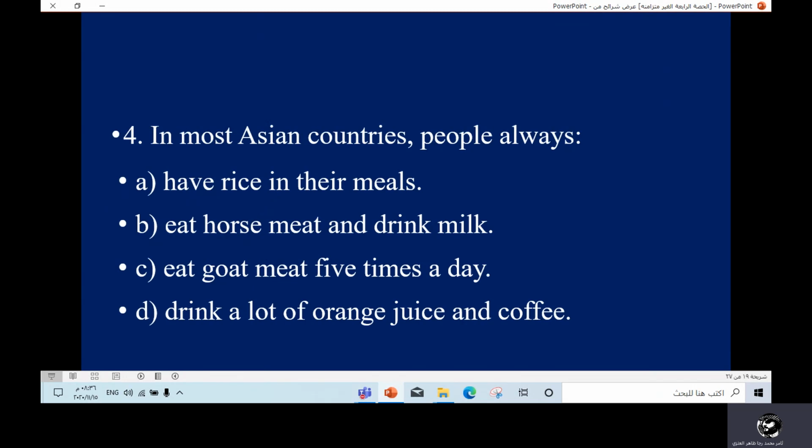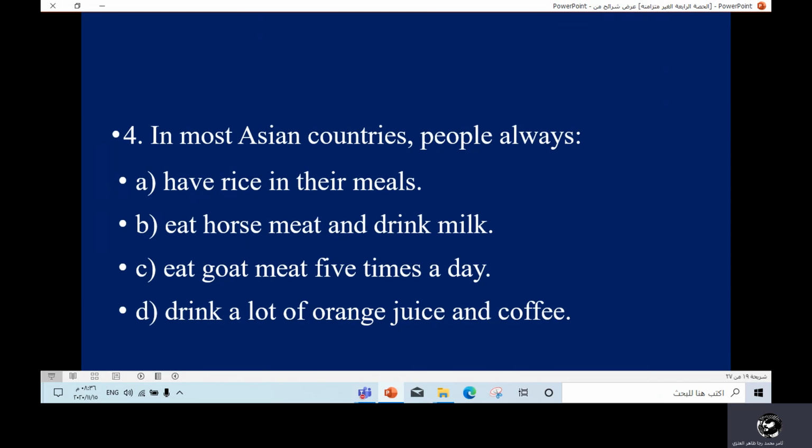Number 4, in most Asian countries, people always what? Now it's time to ask for some information about that topic itself. So he wants to know, in most Asian countries, people always what? A, have rice in their meals? Or maybe B, eat horse meat and drink milk? Or maybe C, eat goat meat 5 times a day?